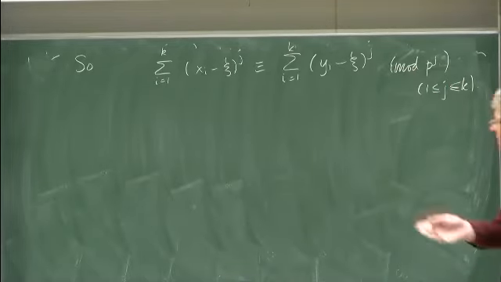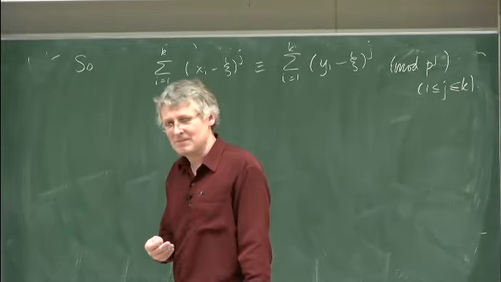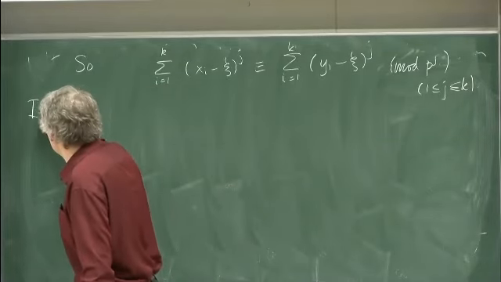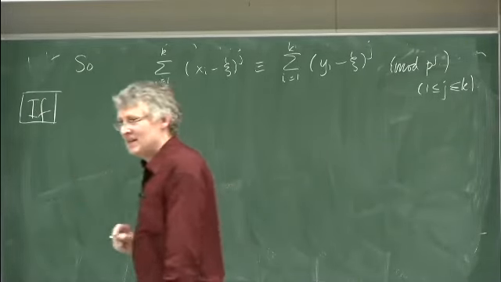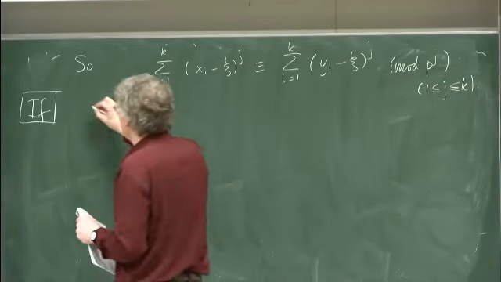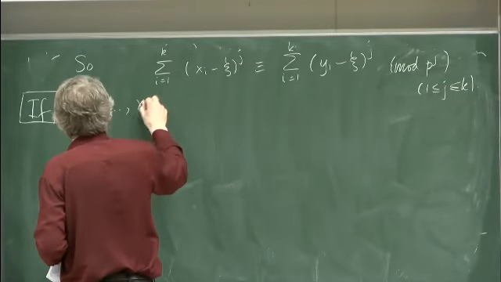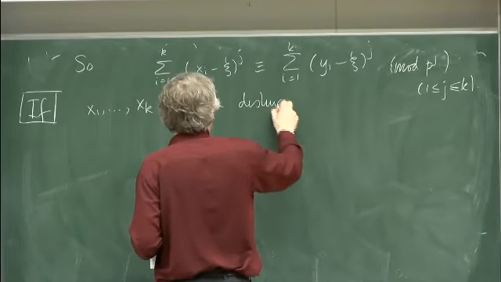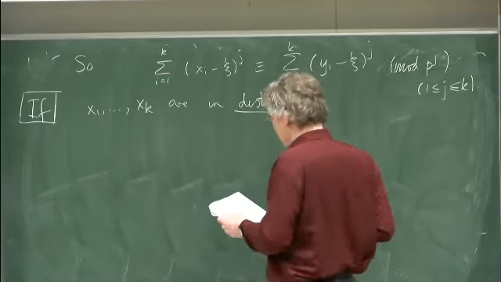Excellent. Okay, so now I'm going to lie at several points in this talk. So there's a big if here, which I can really convince you about, it's no problem. But if x_1 up to x_k are in distinct congruence classes mod p, and it's the distinctness which is important.